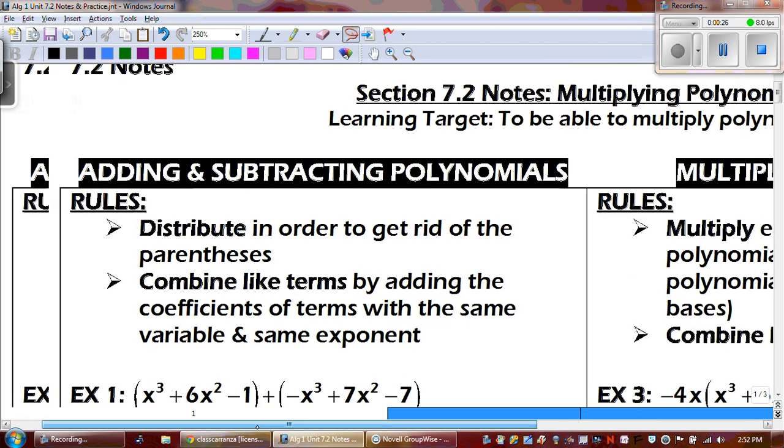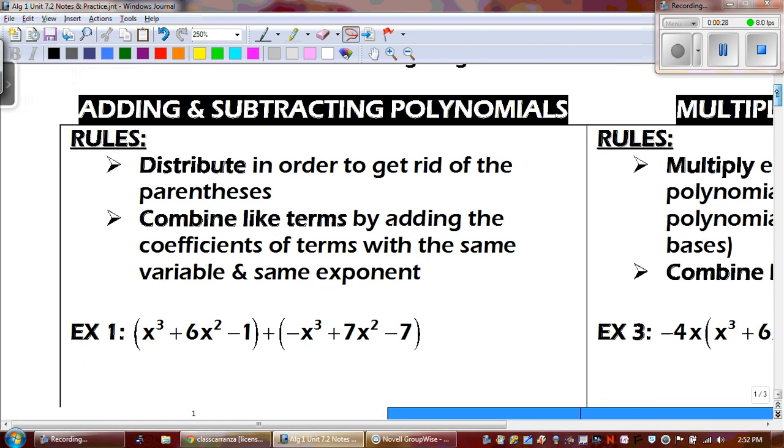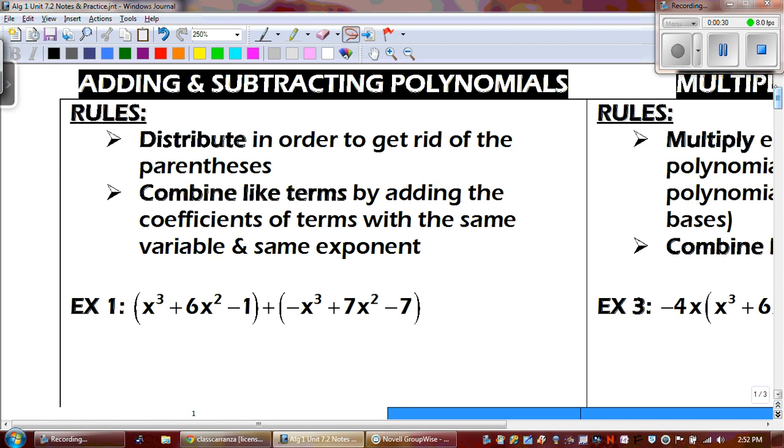Okay? So just focusing on the left side, remember that we need to distribute in order to get rid of the parentheses. And then we combine like terms by adding the coefficients of terms with the same variable and exponent. So we need to look at the sign in between.